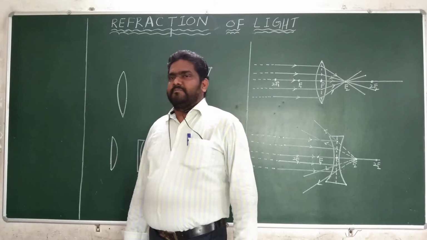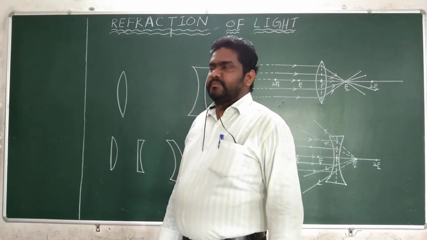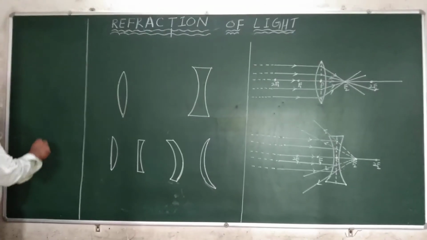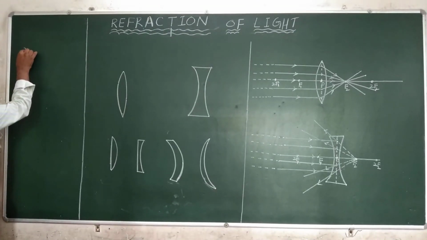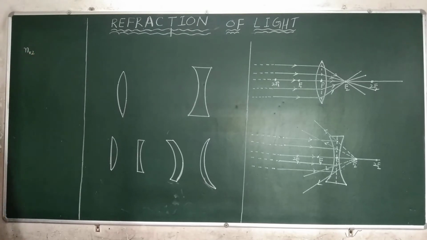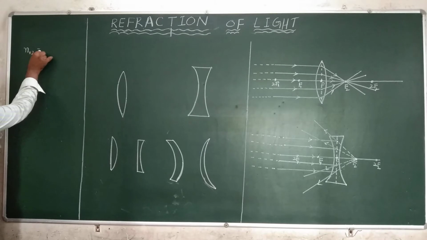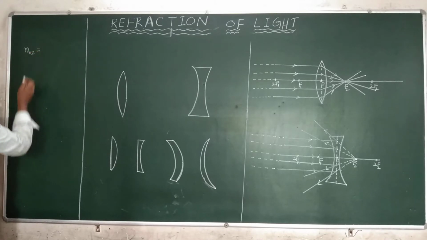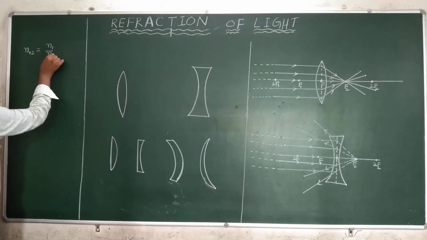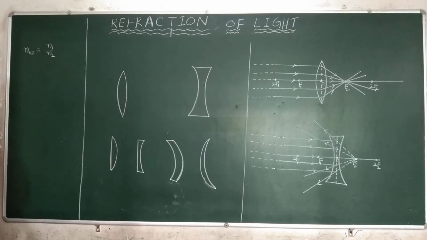Already I explained this in a previous part, but here, the refractive index of the first medium with respect to the second medium is equal to the refractive index of the first medium by the refractive index of the second medium.